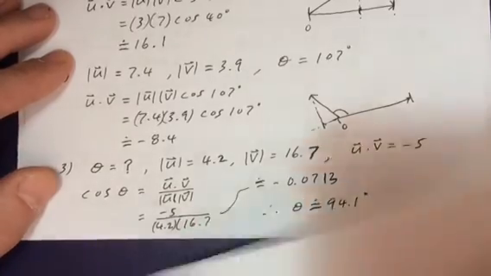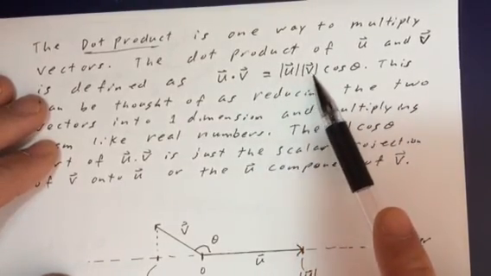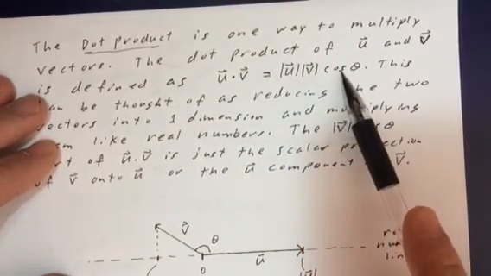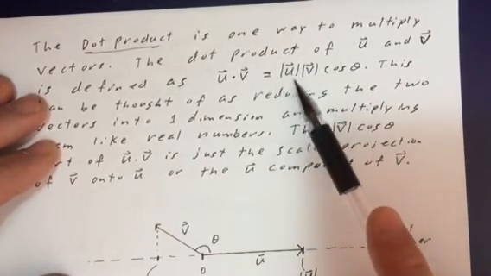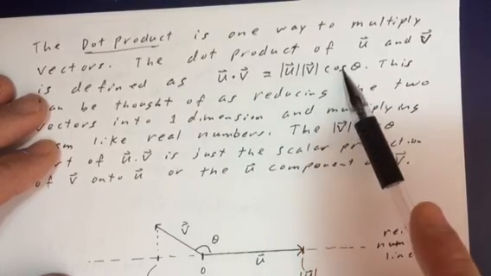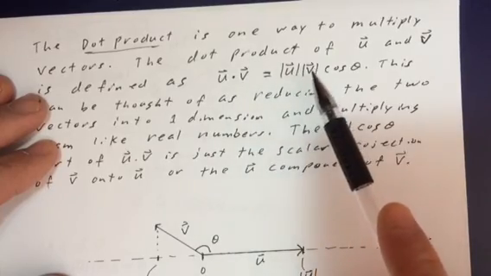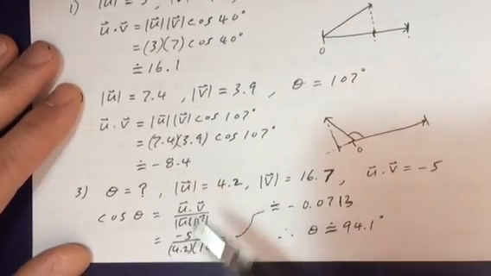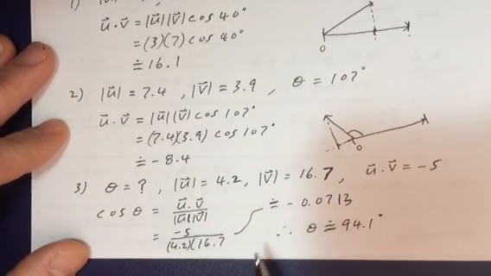If we go up to the formula that was defined, u dot v is the magnitude of u times the magnitude of v cos theta. If we want to find cos theta, we take this part here and divide it over here. So cos theta then equals u dot v over the magnitude of u times the magnitude of v, which I've written right here. It's just rearranging that formula.